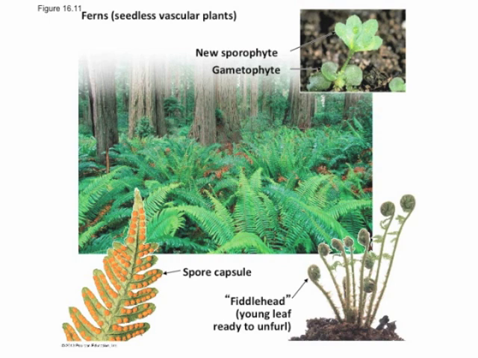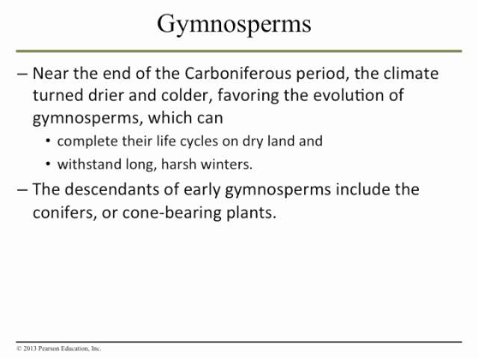It was the end of what's called the Carboniferous period, and I don't want you to concern yourself with those periods. But at a certain point in time, the Earth started to dry out. The climate became drier and colder, which started to favor the evolution of gymnosperms and then ultimately angiosperms.